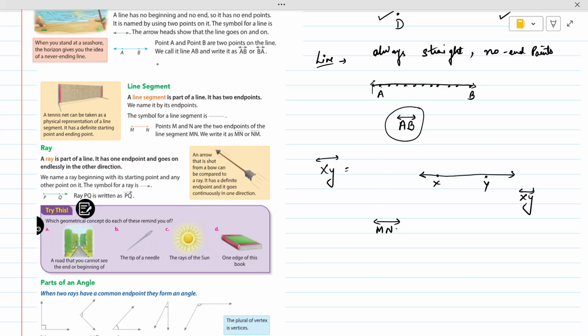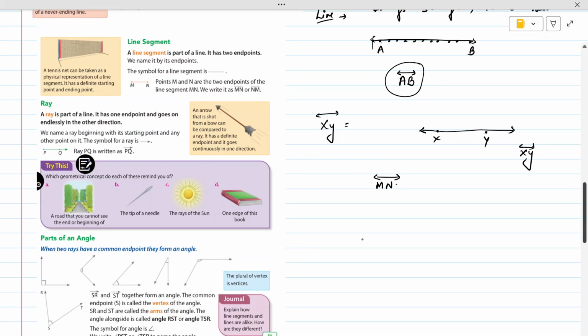Now, this is done. Next, what we have is the line segment. A line segment is a line which has a fixed starting point and end point. So in this case, if I'm writing A and B here, that means this is the starting point of the line and this is the end point of the line.